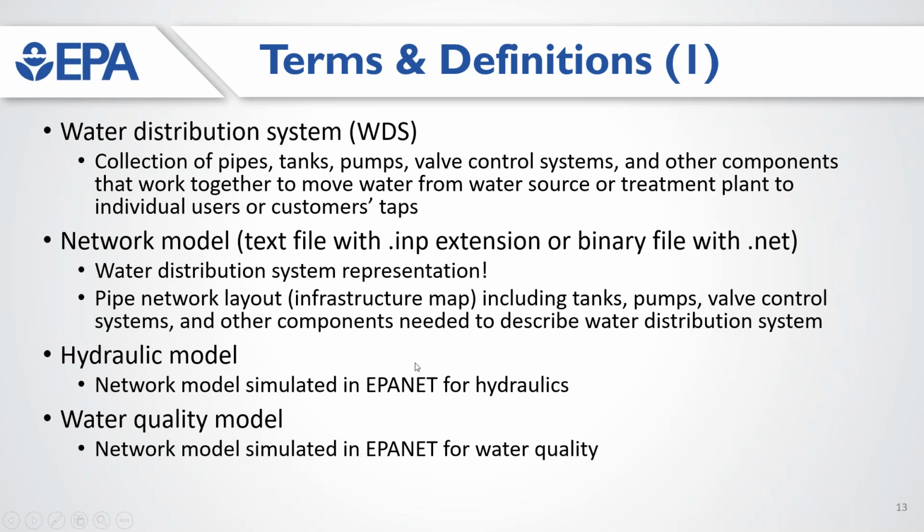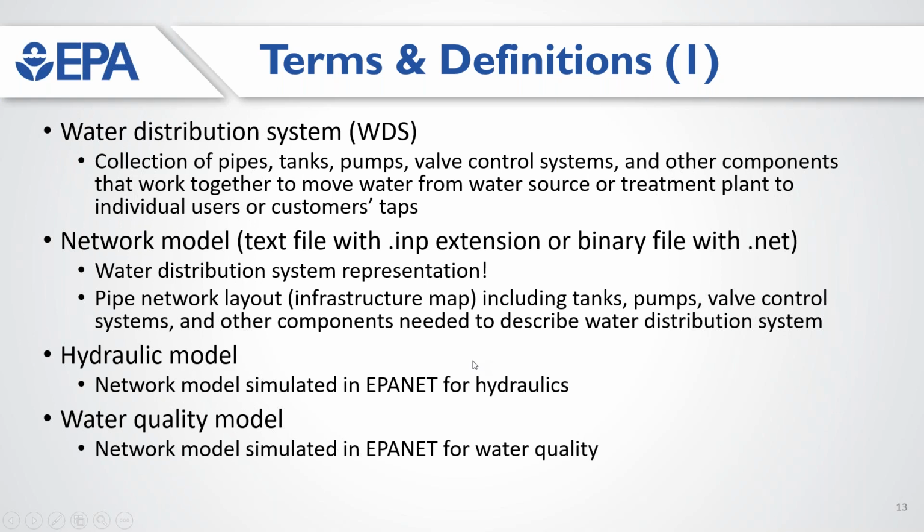Network file is either a text file that has an INP extension or a binary file with a NET extension. This is what actually represents the water distribution system. It is a pipe network layout, basically the infrastructure map that includes those tanks, pumps, control systems for the valves, and other components that are needed to describe the water distribution system network itself.